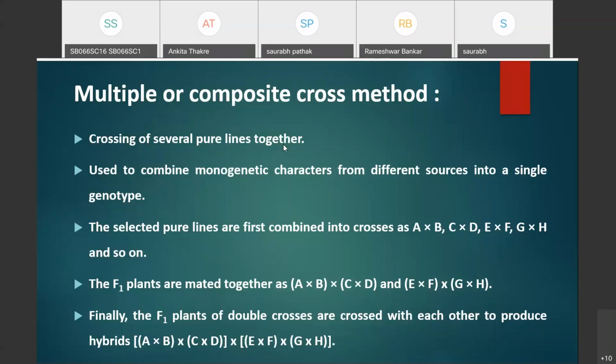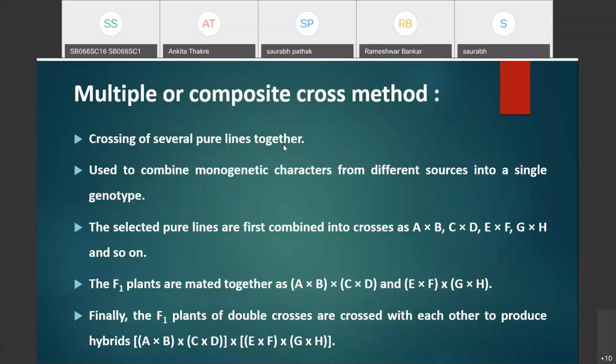The F1 progenies of these single crosses are mated together. That means the progeny of A into B is crossed with the progeny produced by crossing the C and D pure lines.